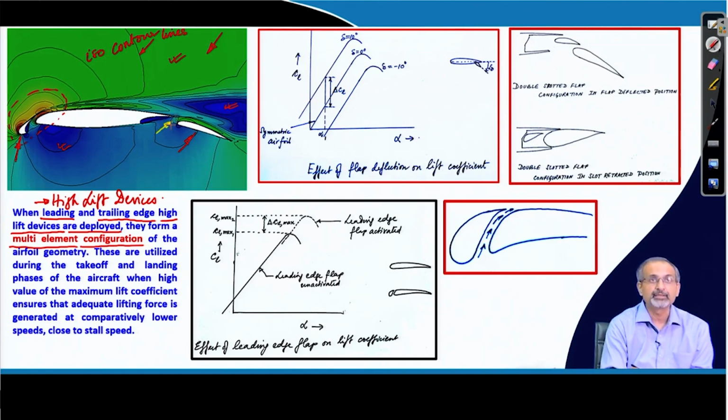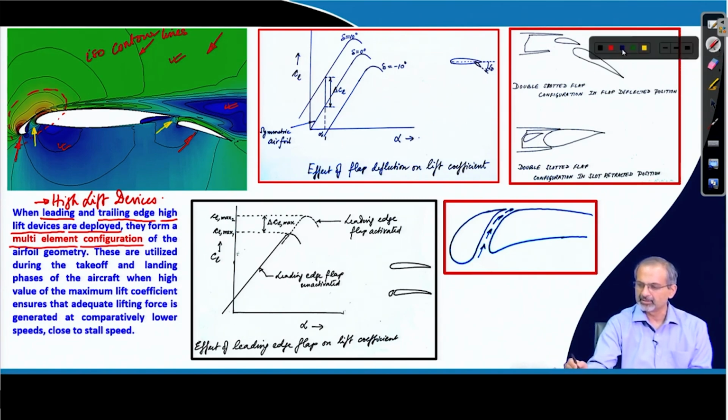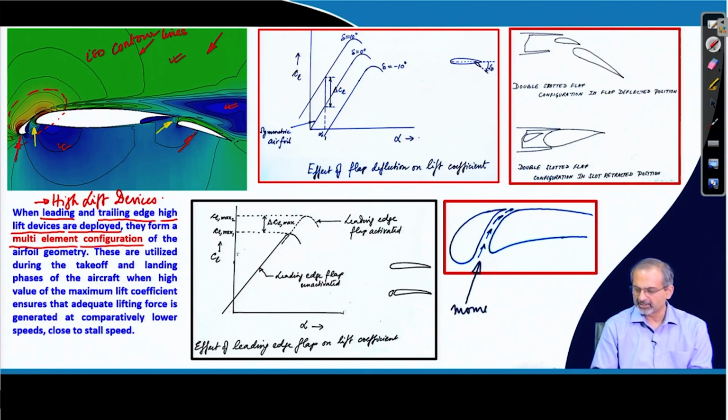So, you see a gap over here, you see another gap over here through which flow is moving from the windward side to the leeward side, and you may remember that we discussed those kind of strategies being used in high lift devices. The intention behind using them is to create momentum injection to the leeward flow.